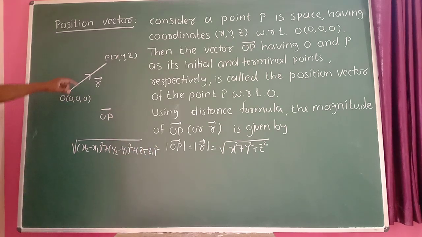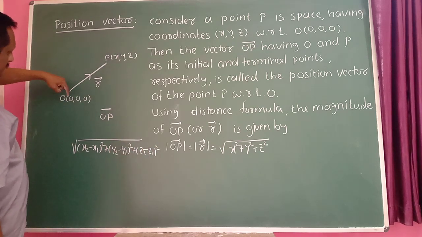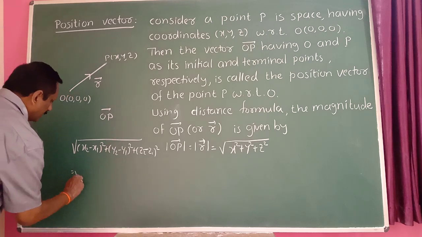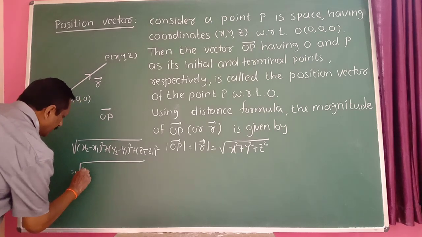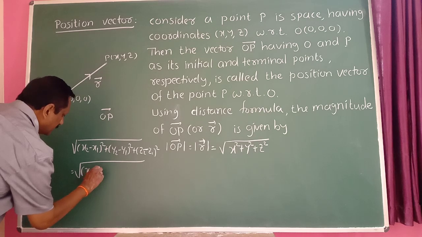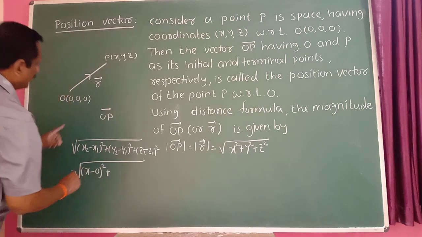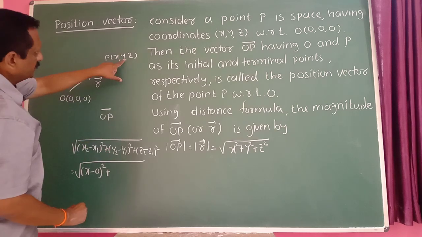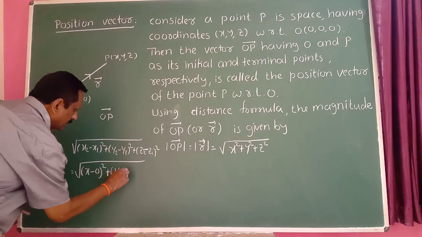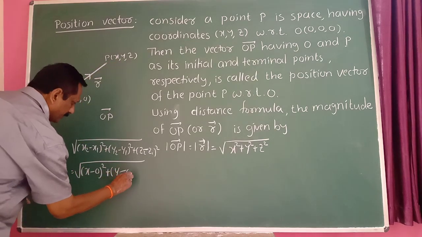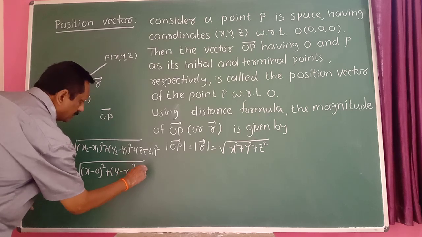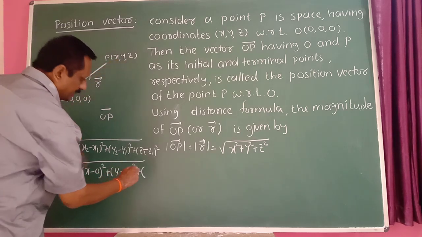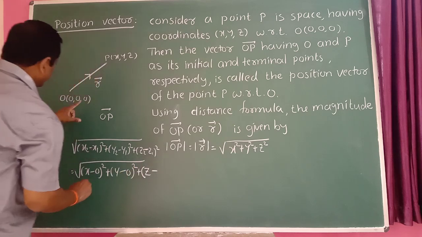Here x2 is x and x1 is 0, so it gives root of x minus 0 whole square. y2 is y and y1 is 0, z2 is z and z1 is 0.